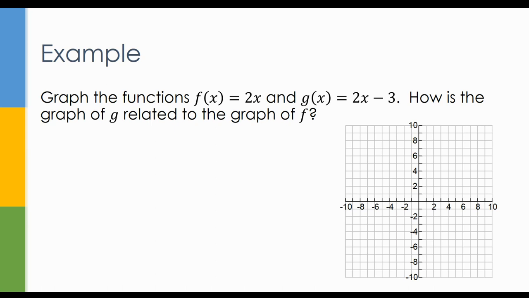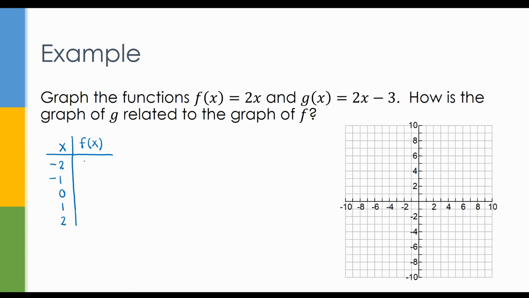Like I said, we're basically going to be creating a table of values. I'm going to be plugging in numbers for x, and we're going to substitute them in, and that will give us our y values, which essentially is this f of x function. Since f of x is 2x, I can substitute in some negative numbers, 0, and some positive numbers. I'm just going to go from -2 to +2.